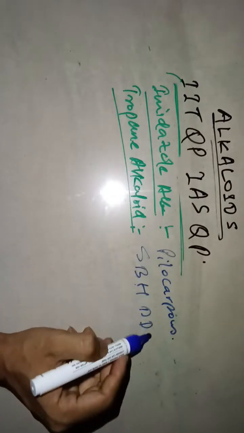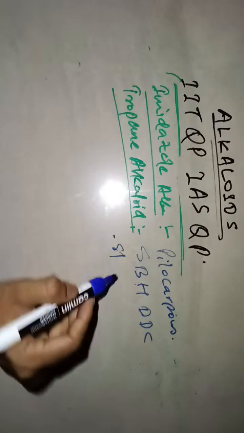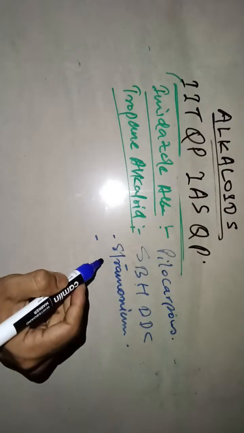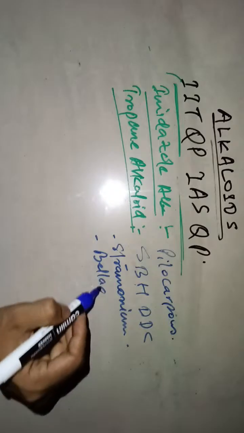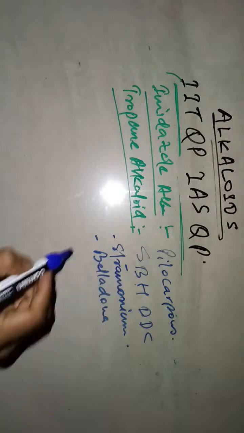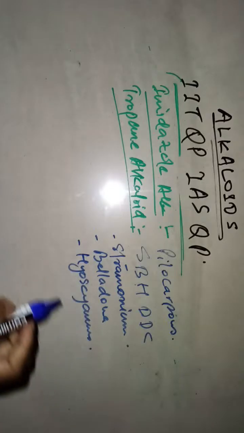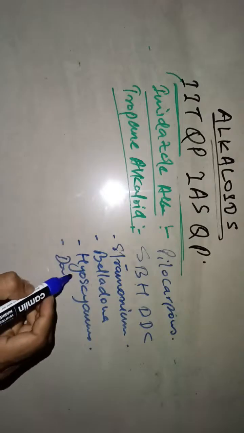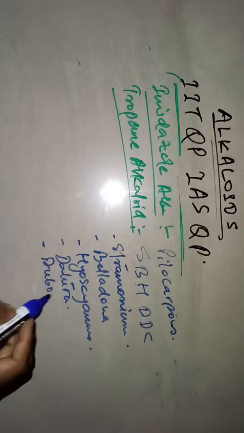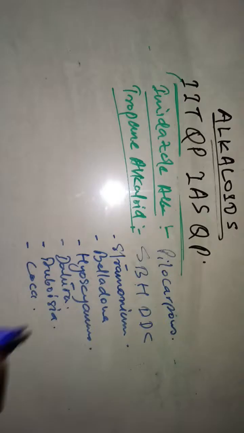S for stramonium, B for belladonna, H for hyoscyamus, D for datura, D for duboisia, and C for coca.